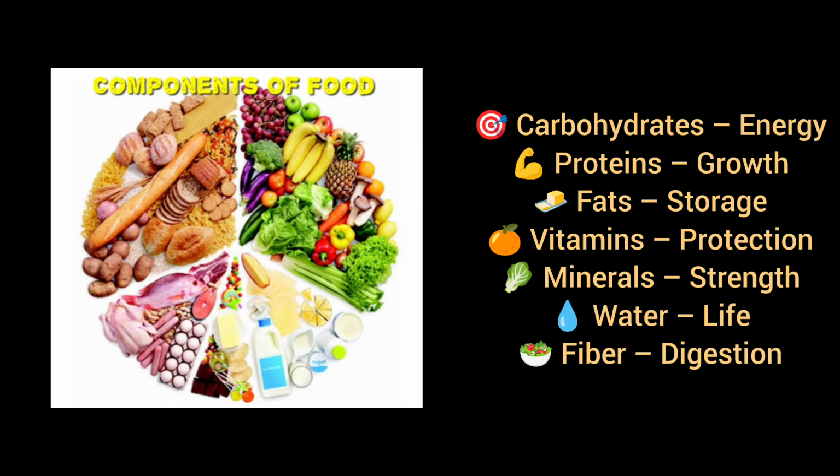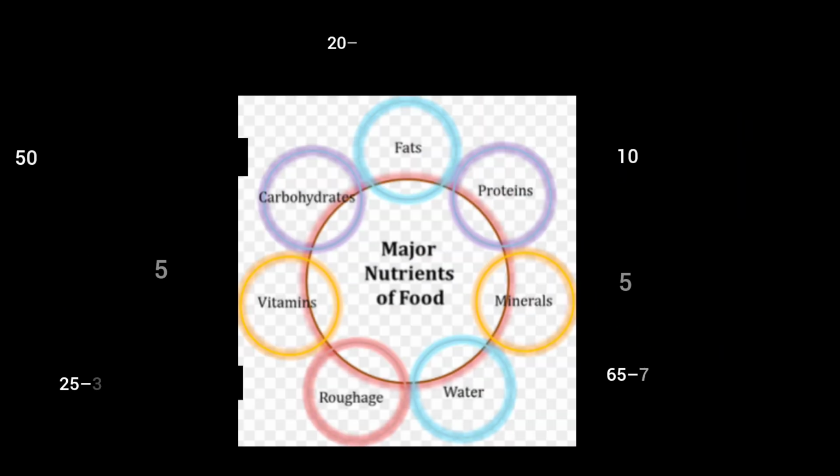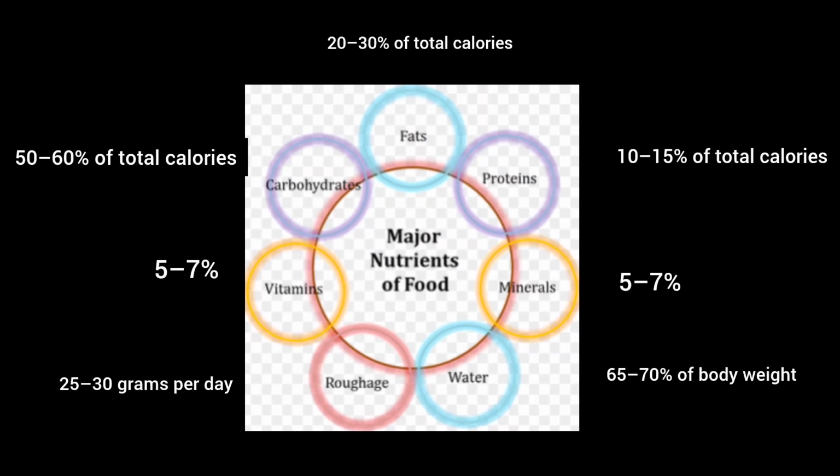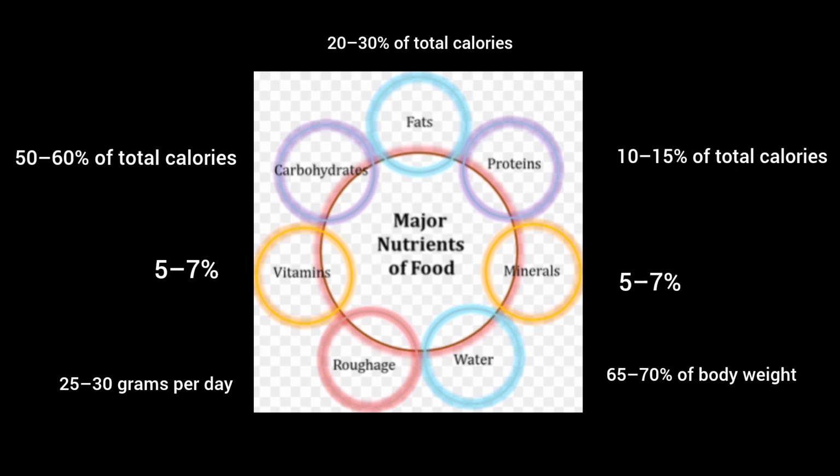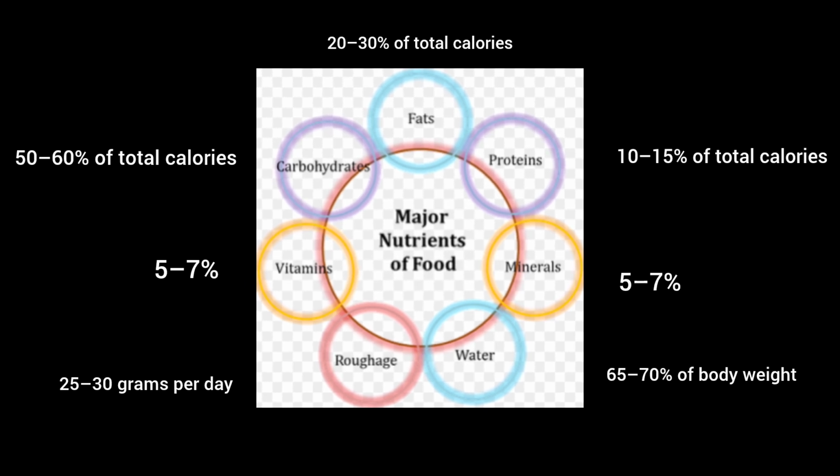So first, we are going to understand what the percentage of these is in our bodies. If we are talking about carbohydrates, our body carries 50 to 60% of total calories. 20 to 30% of the total calories are from fats, 5 to 7% from protein, and minerals and vitamins carry 5 to 7%.